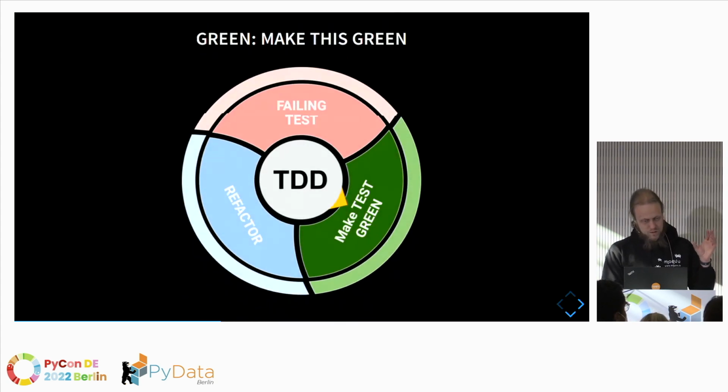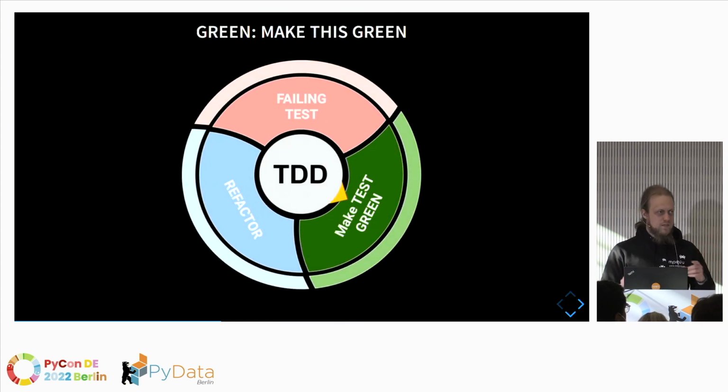After that, we go to the green stage, where we try to make this test green. Like the name says, it's pretty awesome because once you get the hang of it, you get the psychological phenomenon that you always try to get everything green again, which is totally motivating. Especially for people like me with ADHD, where we constantly switch contexts, it's easy to get us back to focus again.